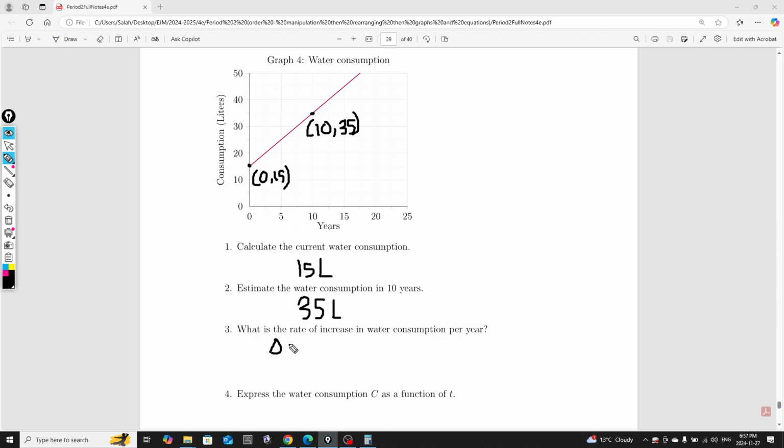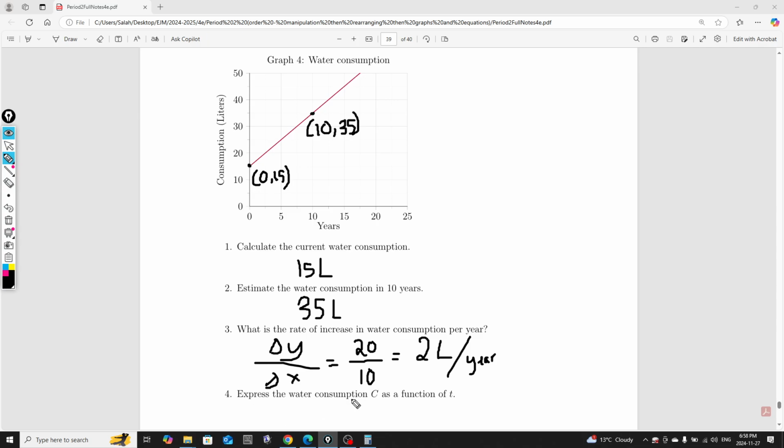That vertical change is what I'm looking for. So vertical change divided by horizontal change. The vertical change is 20, to go from 15 to 35. And then the horizontal change is 10 to go from 0 to 10. And so the rate of increase is 2 liters per year.